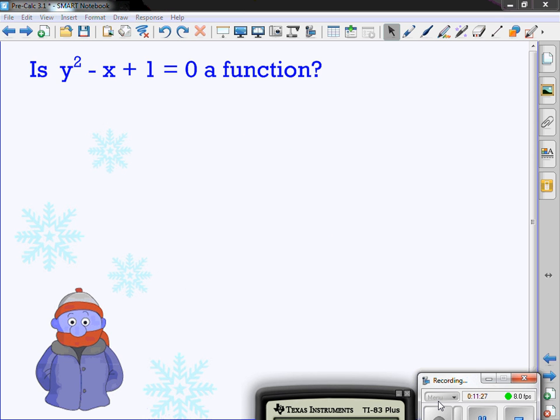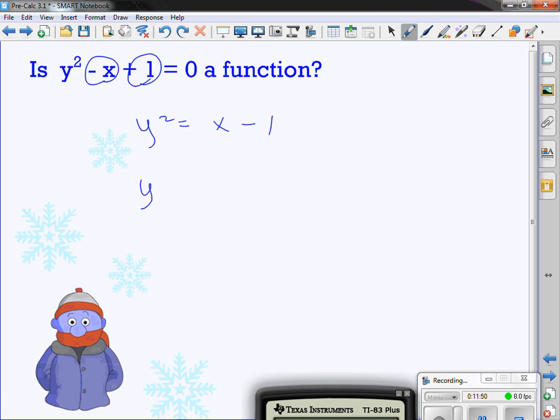Y squared minus x plus 1 equals 0. Is this one a function? All right, I have to add x and subtract 1. Y squared equals x minus 1. How do I get rid of the square?